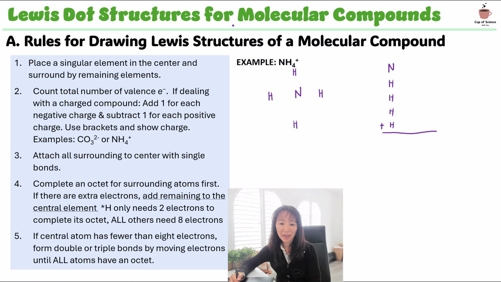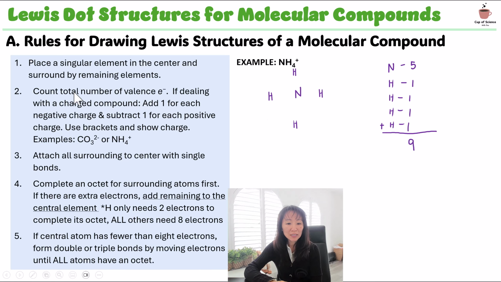So here we have nitrogen and 4 hydrogens around it. Nitrogen has a valence electron of 5, right? Yeah, 5. And the hydrogen has 1 each. Okay, that's a total of 9 valence electrons. On number 2, it says to count the total valence electrons, which we did.